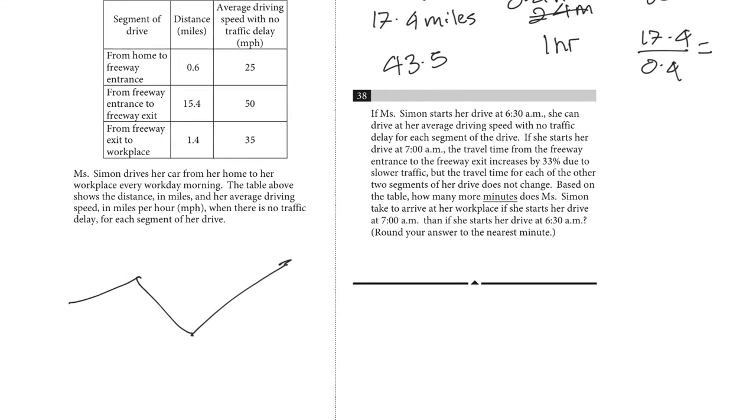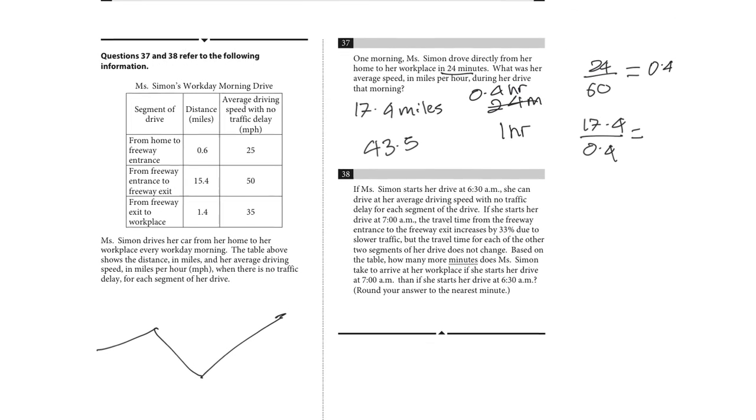Then the 38th one. If Mrs. Simon starts her drive at 6:30 a.m., she can drive at her average driving speed with no traffic delay for each segment of the drive. If she starts her drive at 7 a.m., the travel time from the freeway entrance to the freeway exit increases by 33%, but the travel time for each of the other two segments does not change.